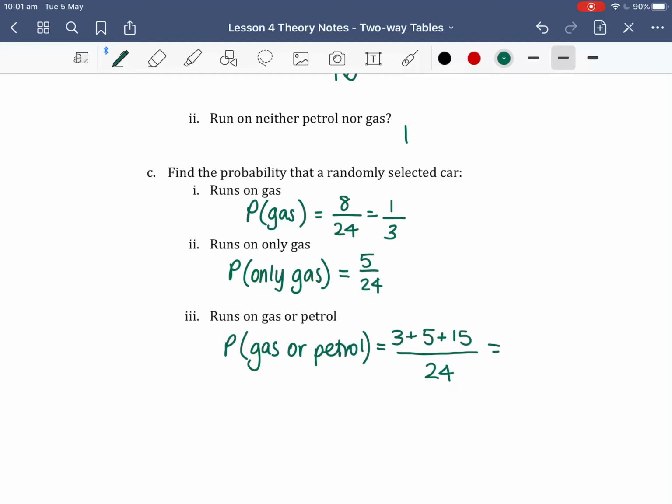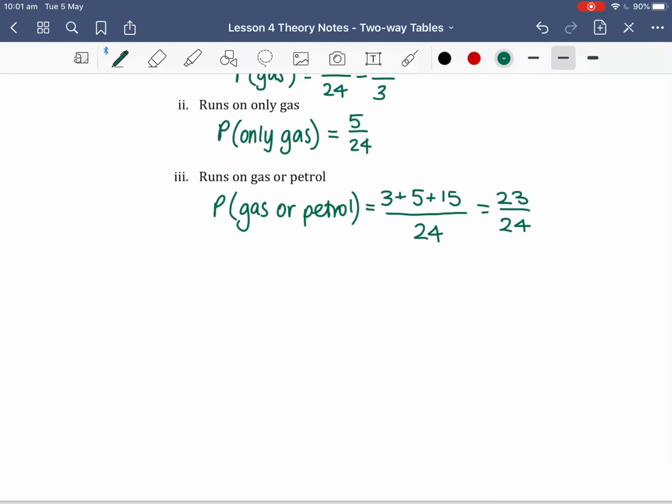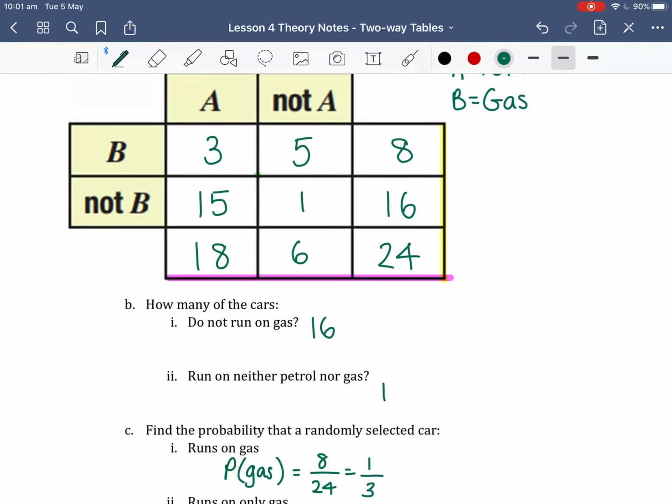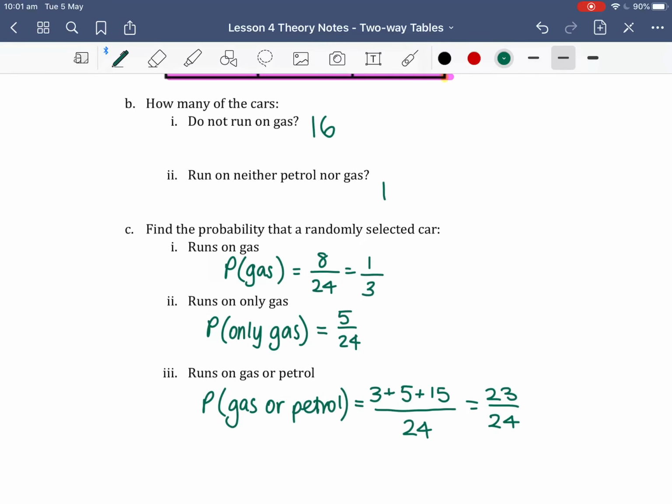So 3 plus 5 plus 15 equals 23 over 24. And that is it for our two-way tables.